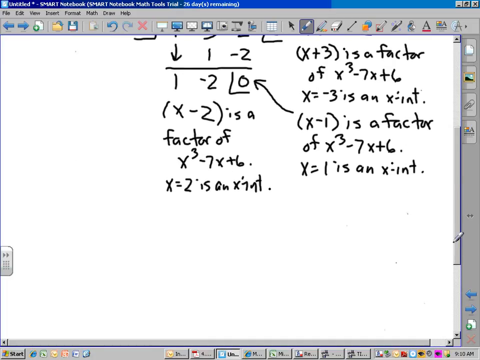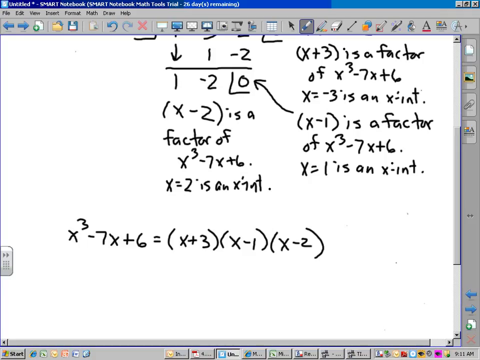So let's rewrite this. X cubed minus 7x plus 6 is equal to x plus 3 times x minus 1 times x minus 2. Those are the 3 factors that we found. We completely and totally broke down this cubic.